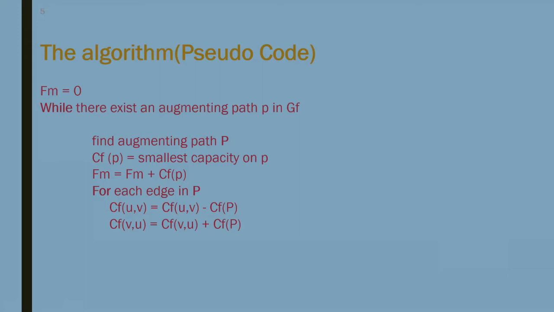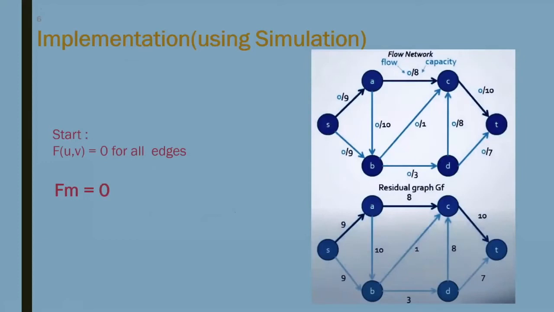Let's see the algorithm in action now with this example. We first set all flow to 0. In the upper graph, the numerator shows the flow and the denominator shows the capacity.